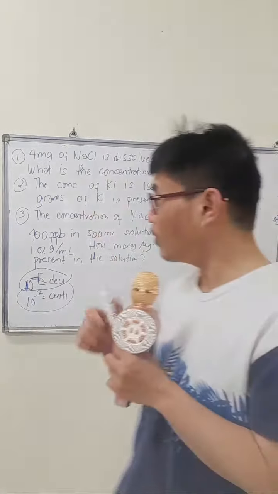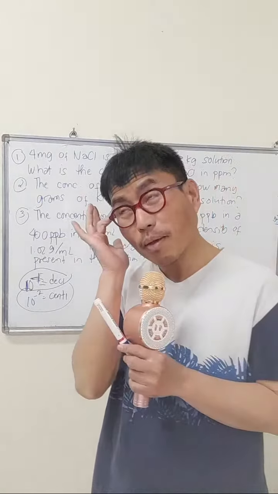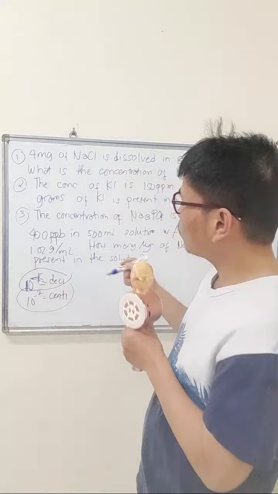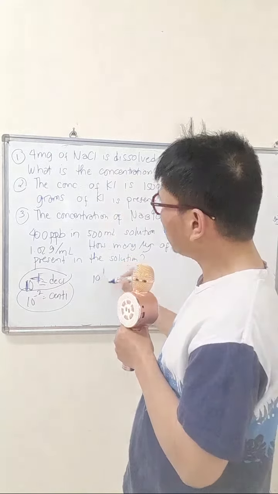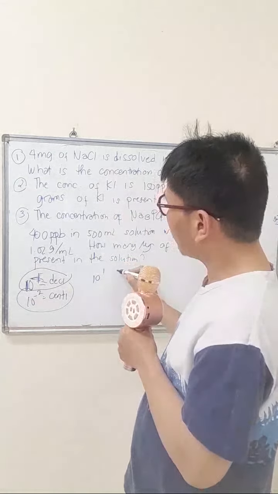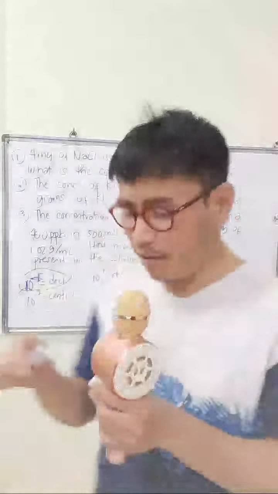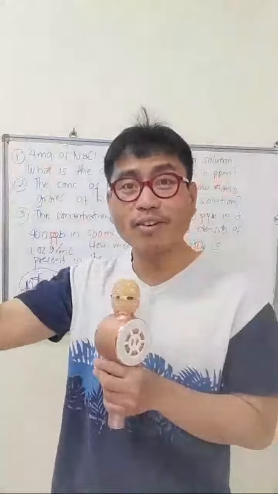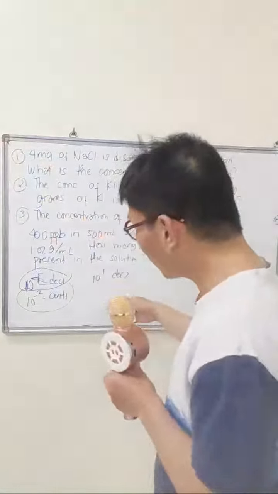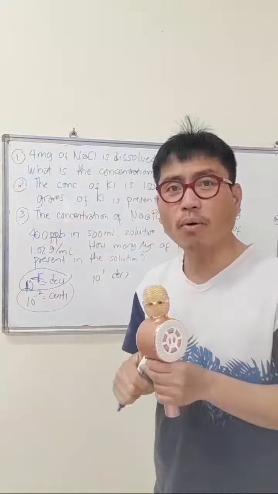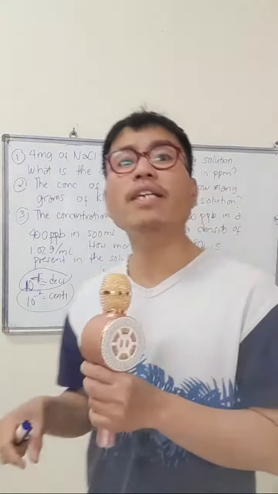I forgot 10 to the 1. If I never write it, I cannot remember. For the higher exponents I can remember, but for the lower exponents I cannot; I take them for granted.